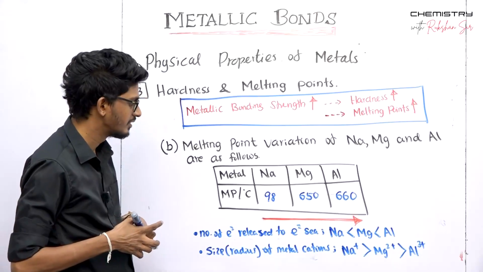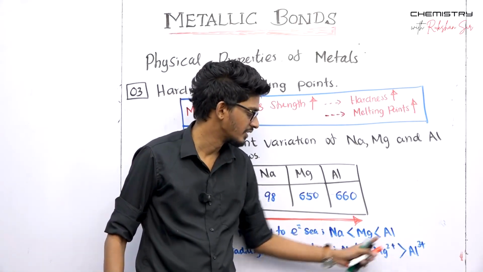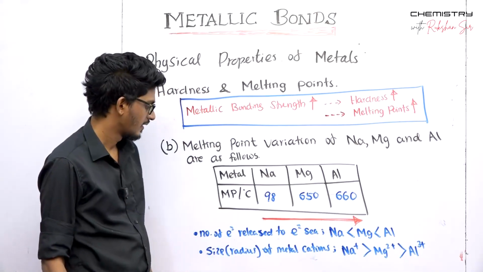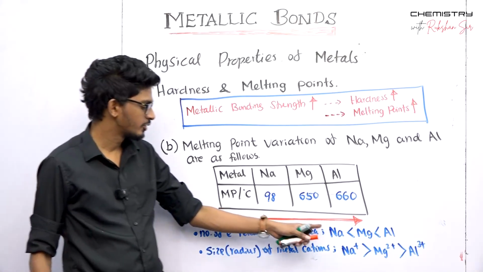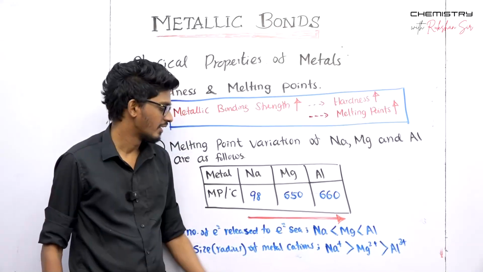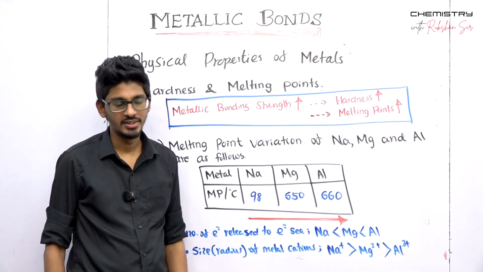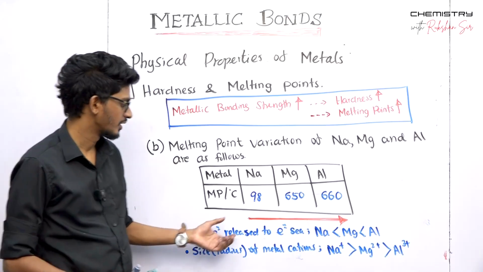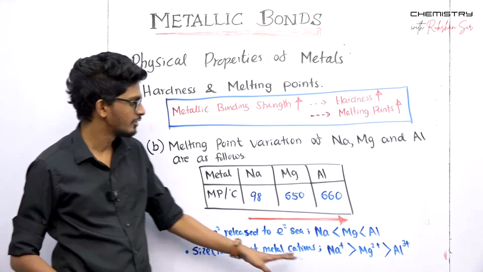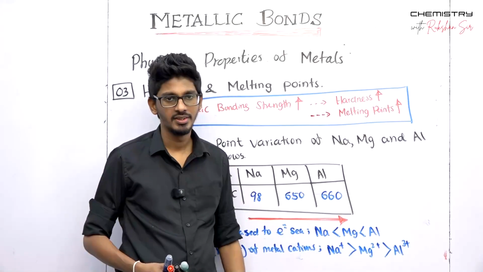So those are isolated species. When the positive charge of the isolated species increases, the size becomes smaller. When more electrons are released to the electron sea, and when the radius is smaller, then your metallic bonding strength will increase. That is what happens to aluminium. When the cation is smaller, the metallic bonding strength will be the highest.